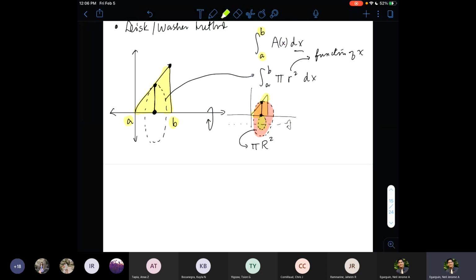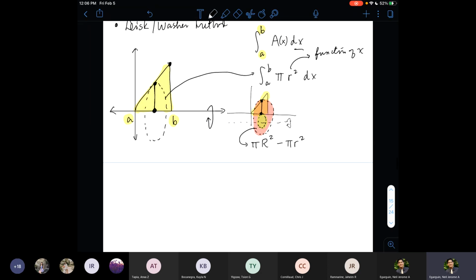So the area should not be computed using that big radius alone, but we need to subtract from it the area of the smaller circle because that represents a hollow. Suppose that smaller circle has radius little r. So our cross section has net area pi R squared minus pi little r squared.